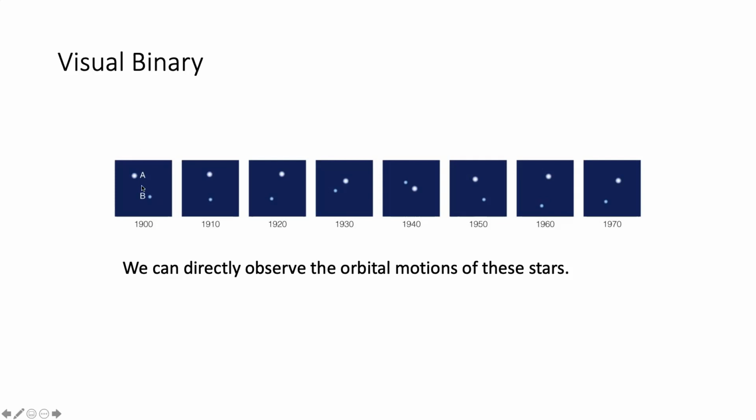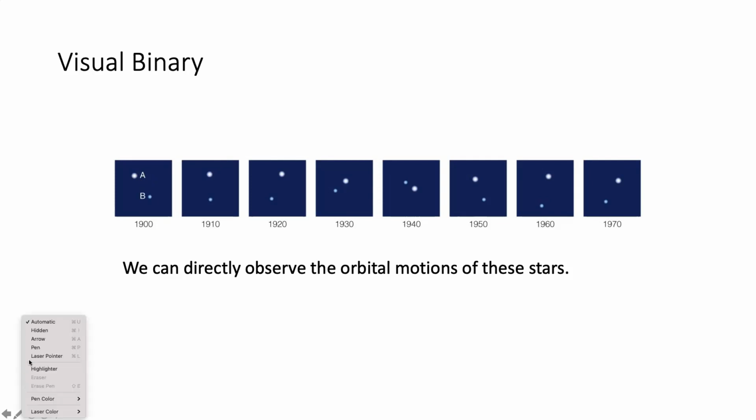A is the larger one, B is the smaller one. We're looking at several snapshots of these two stars over the course of about 70 years, going from 1900 to 1970. You can see star A is in the first picture on the top left, and star B is on the bottom right.